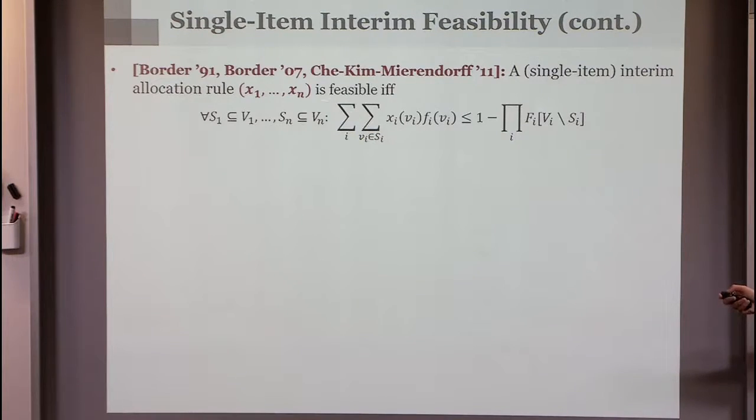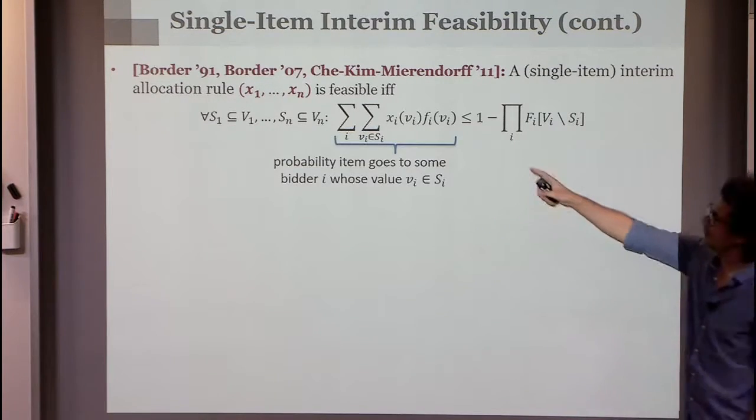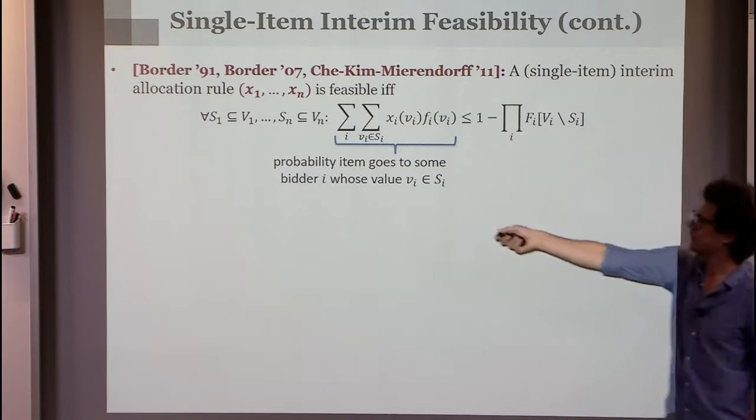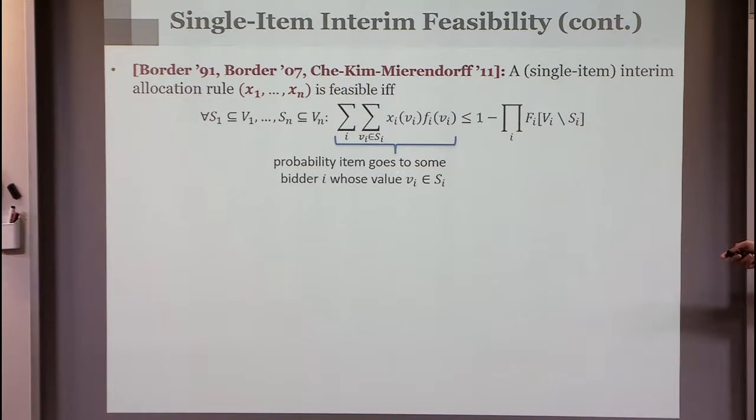This sums over bidders, sums over values in the selected set, the probability that bidder i's value is vi, and conditioning on that, getting the item. So this thing is the probability that the item goes to some bidder whose value was sampled inside this set that we chose.